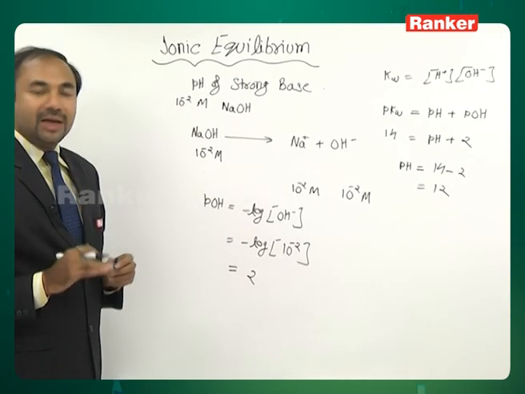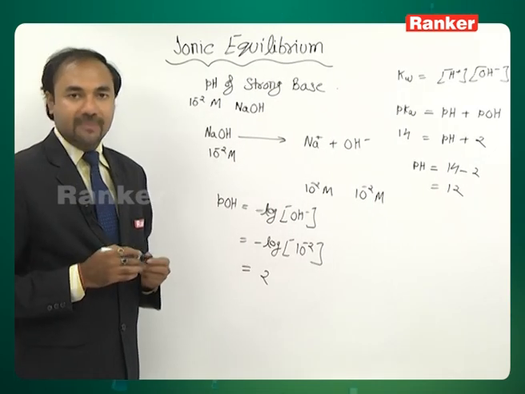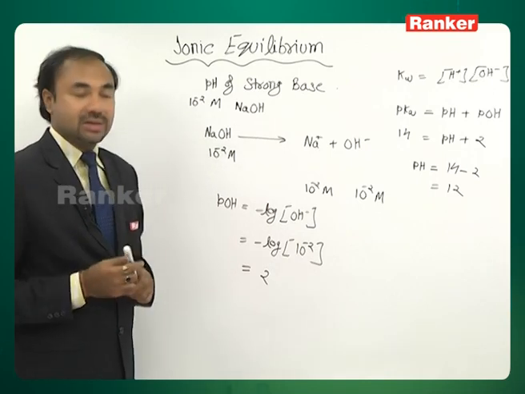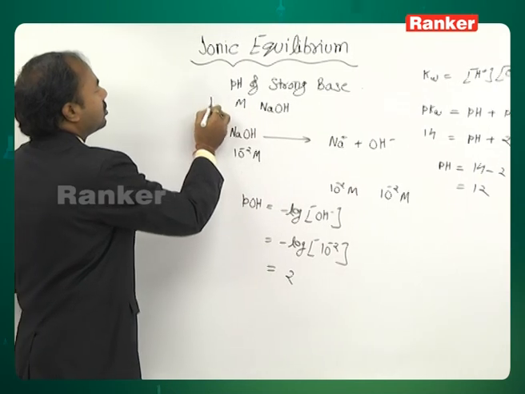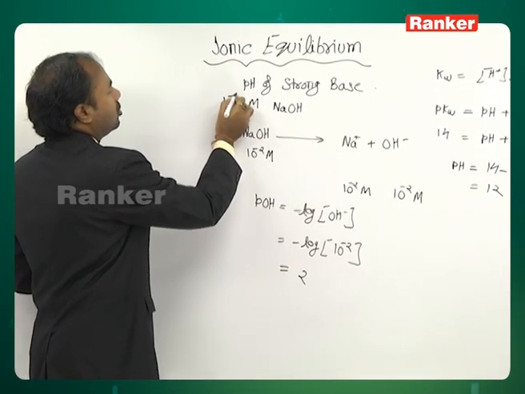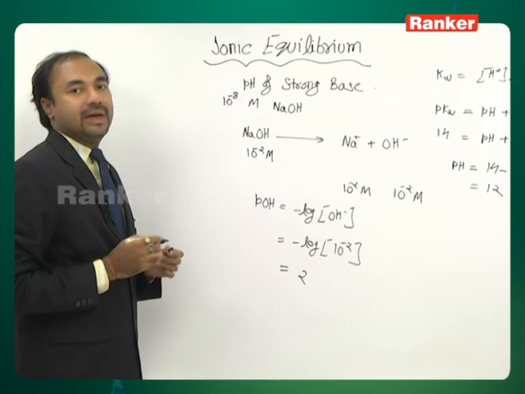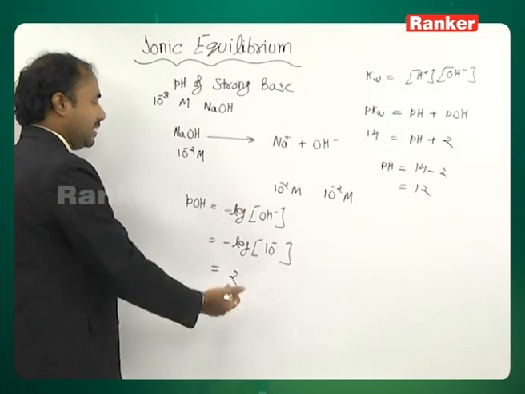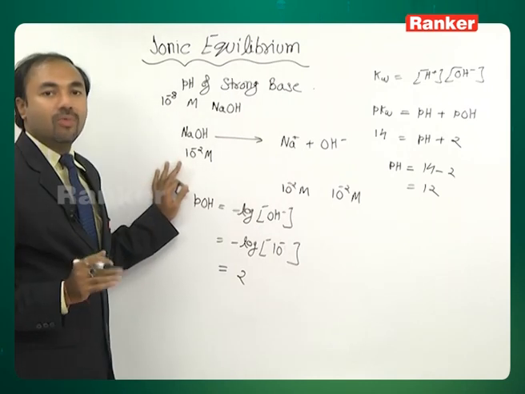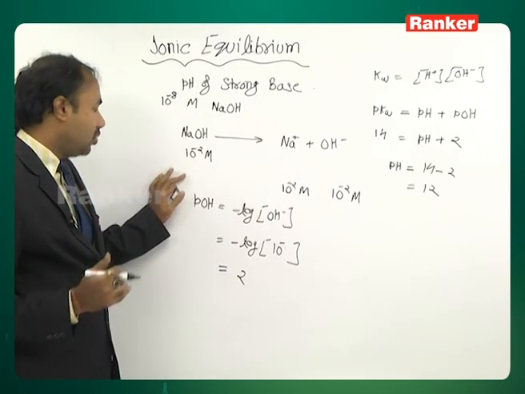Exactly similar manner, like we have got the exceptional case of HCl, 10 to minus 8 molar HCl just now we discussed. Similar manner, if you take a highly diluted solution of NaOH, suppose 10 to minus 8 molar NaOH solution. Now if we solve the problem in a similar manner like we previously solved for 10 to minus 2 molar NaOH solution, how weird it looks.